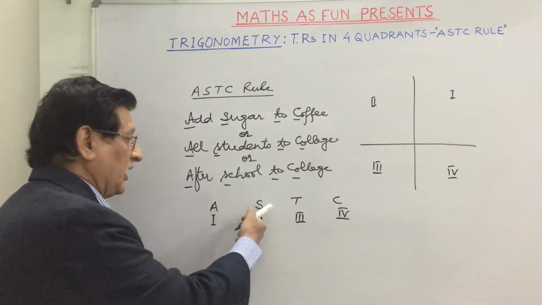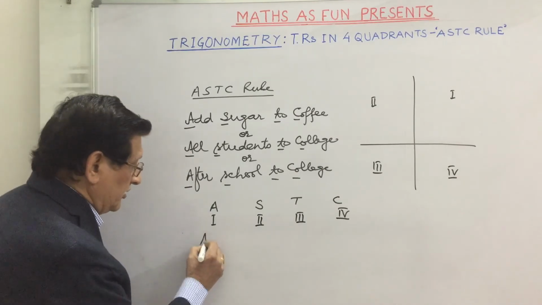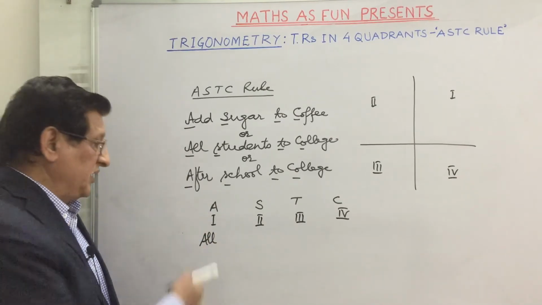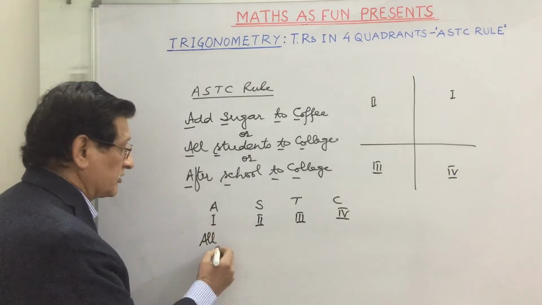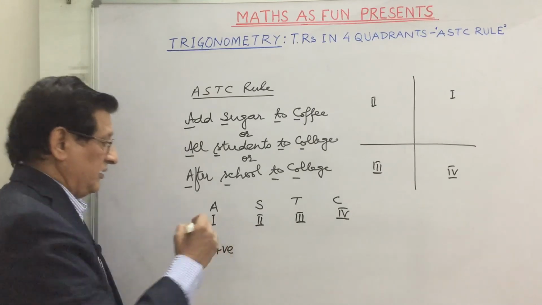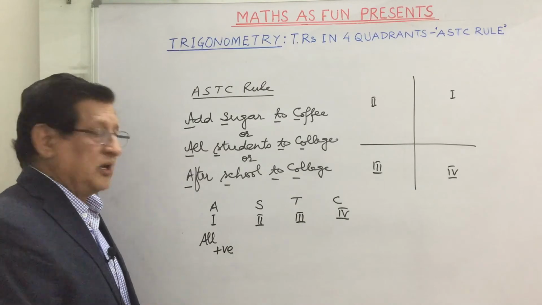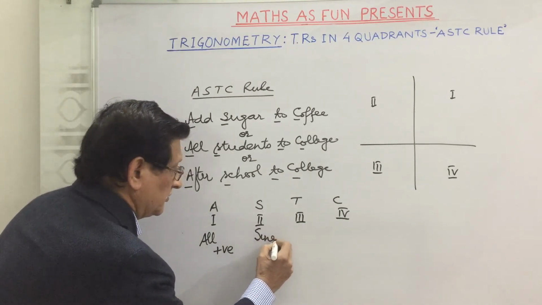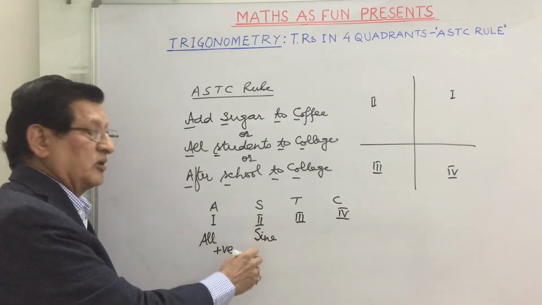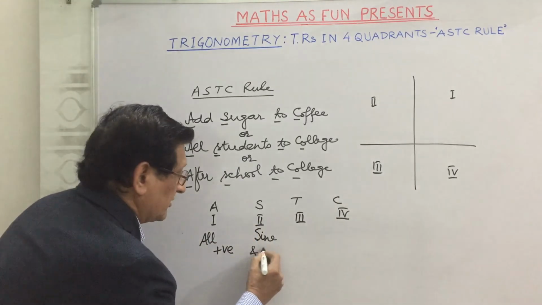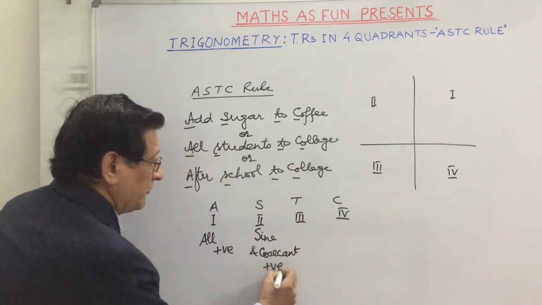Then how are they going to help us remember the signs? A for all. It means in the first quadrant, whichever angles are lying, for them all trigonometrical ratios will be positive. S comes for sine. And if sine is positive, the reciprocal of that, cosecant, also will be positive in this quadrant.